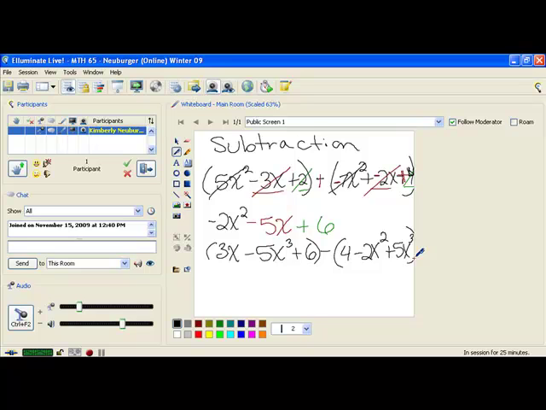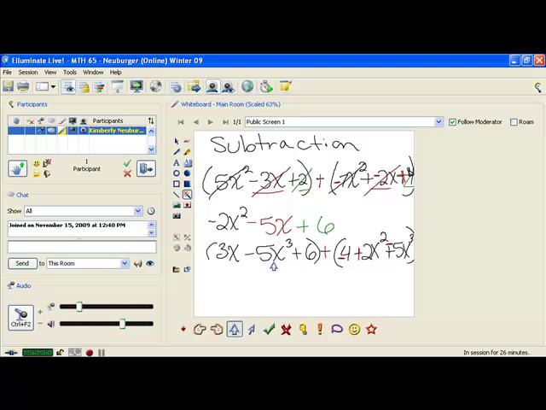Let's first change our subtraction to addition and change the signs of everything inside the parentheses following it. Notice that I changed my 4 from positive to negative, my 2 from negative to positive, and my 5 from positive to negative. Now we can go ahead and combine like terms.